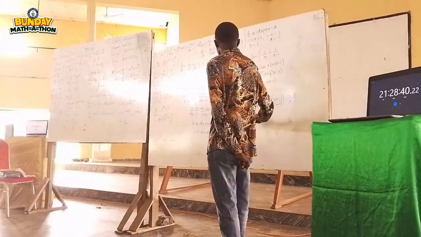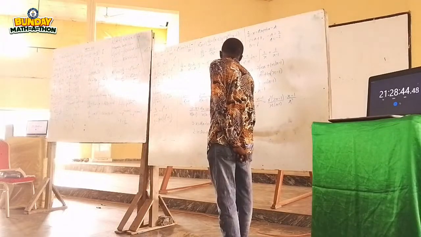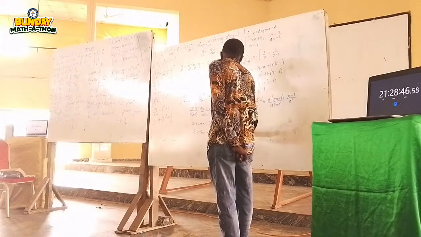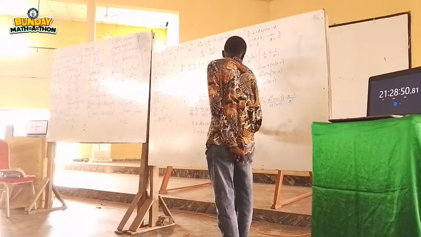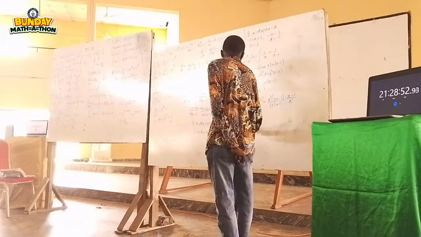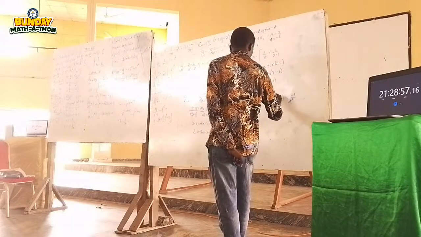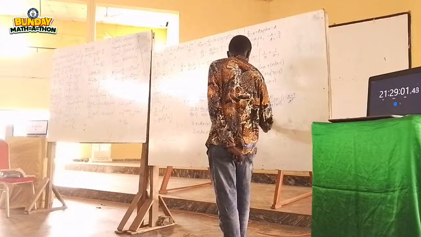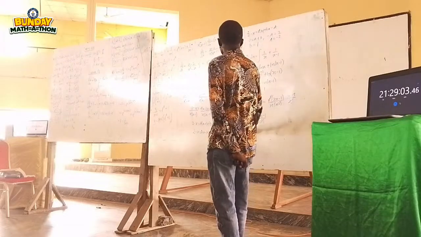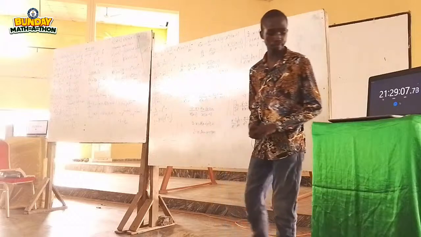Then from here I can have x minus 1 over x squared dy dx minus x minus 2 over x cubed y equals, cancelling out, 2x minus 1 over x. And I will have to transfer to the next board.